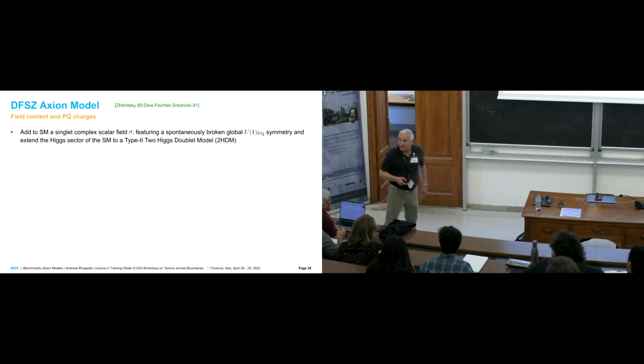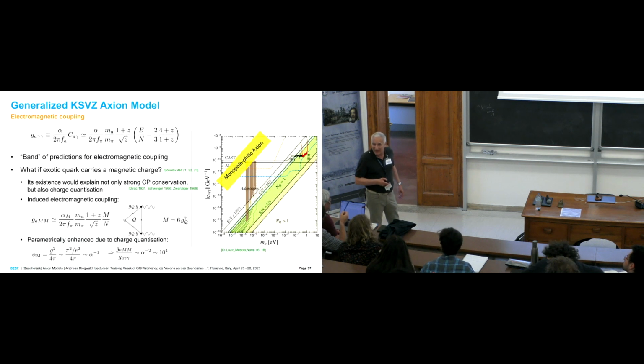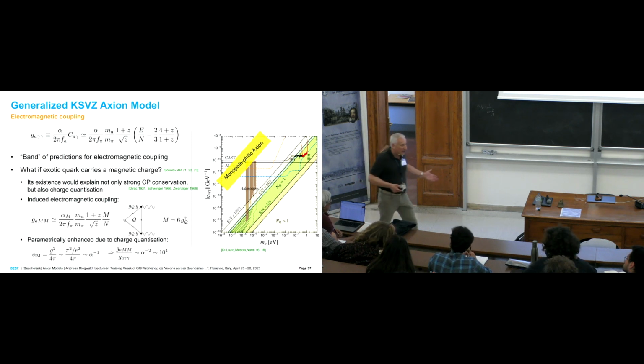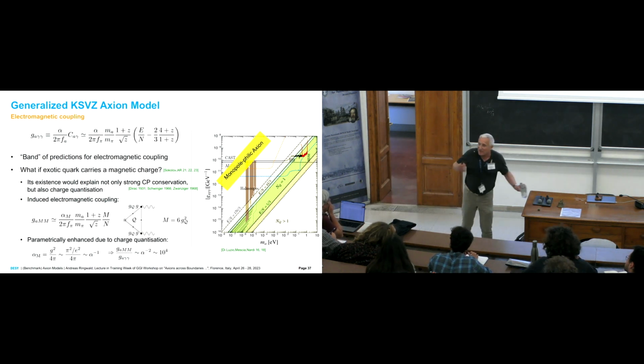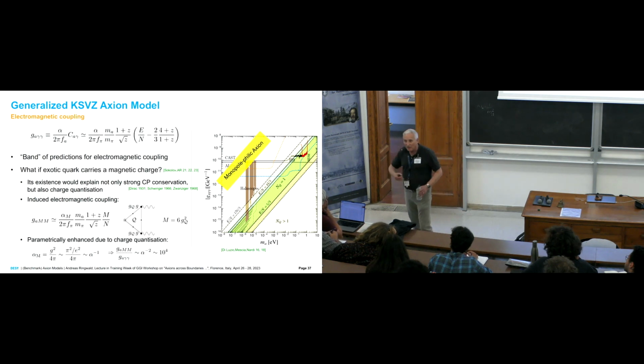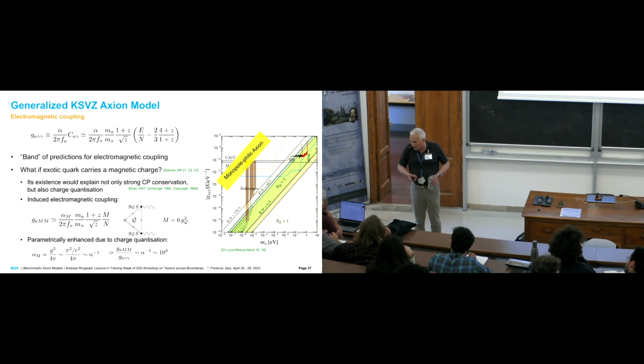Can I have a question about the previous slide? Yeah. Did you think about what would be the physics in the ultraviolet responsible for these magnetic charges? No, we were just assuming that there are fundamental particles which have this charge.